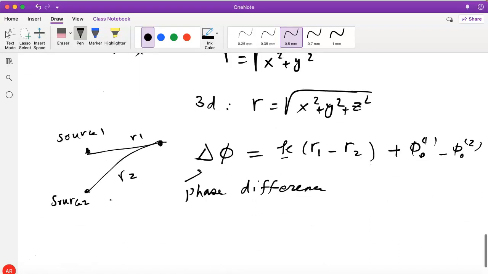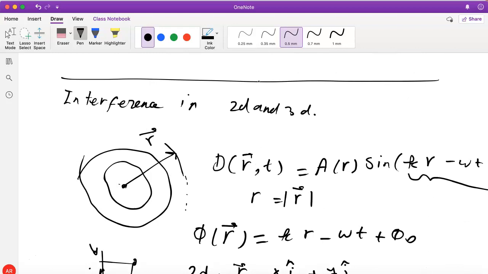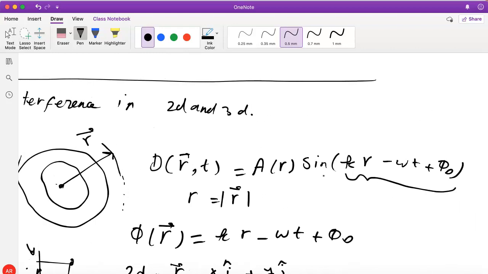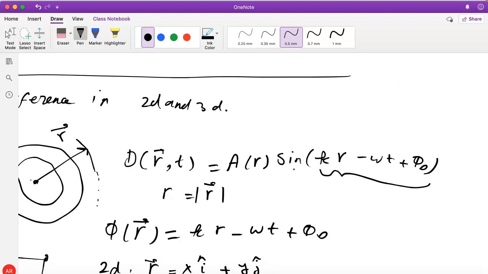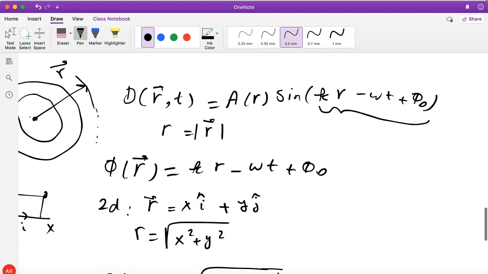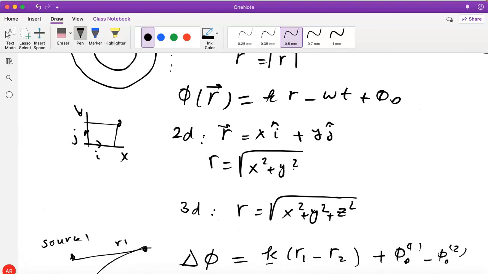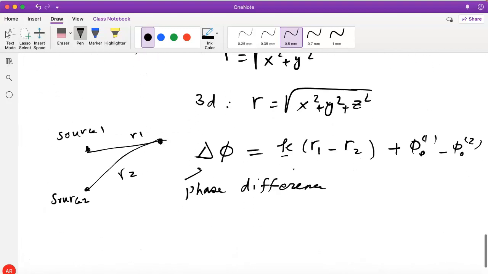We know exactly what D1 and D2 are at a given point in space, and then we add them, and we want to understand the pattern that emerges as you add the waves that are emitted from these two different sources.